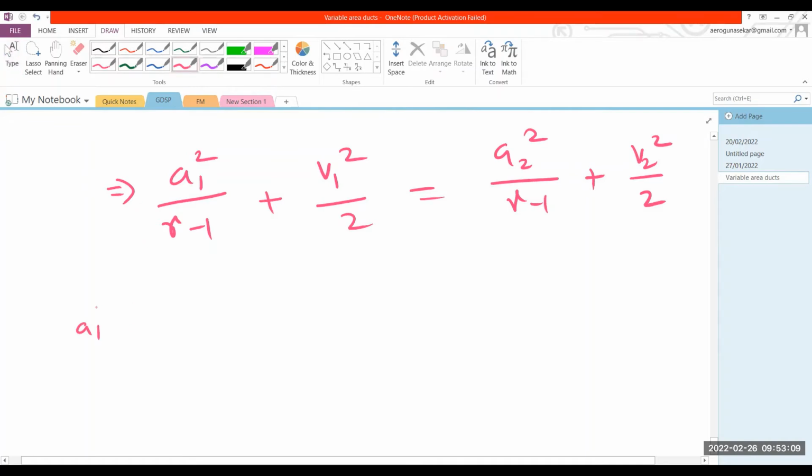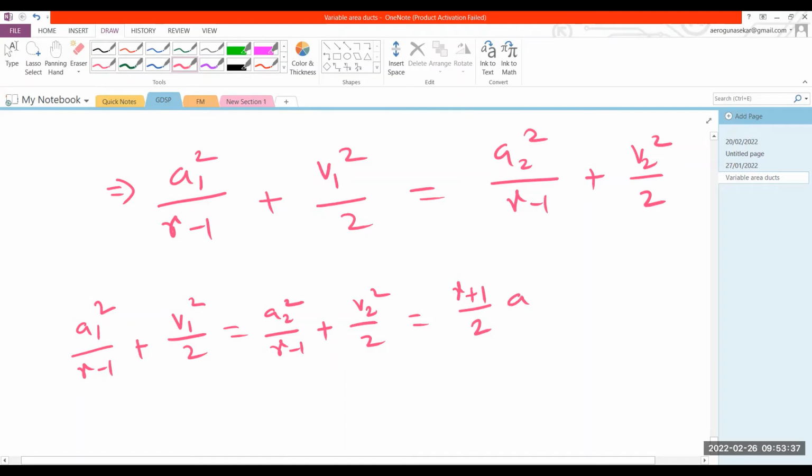That means A1 square by gamma minus 1 plus V1 square by 2 is also equal to A2 square by gamma minus 1 plus V2 square by 2, that is also equal to the critical speed of sound: gamma plus 1 divided by 2 times gamma minus 1 into A star square.